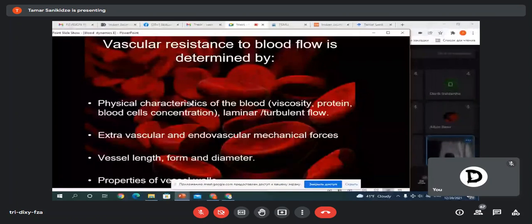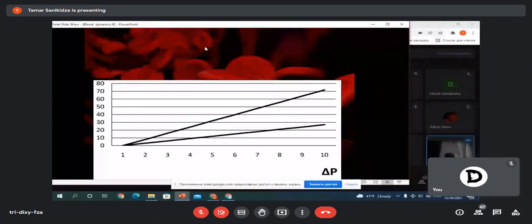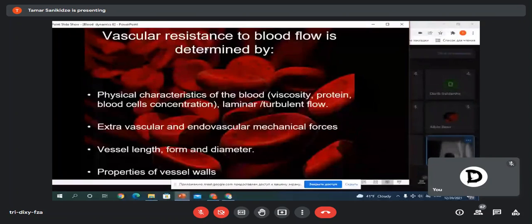That's why now we will discuss the resistance of the blood circulatory system. As you can see, it can be divided on a series of blocks, which we will discuss now.